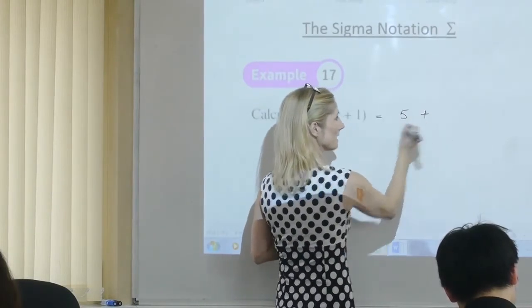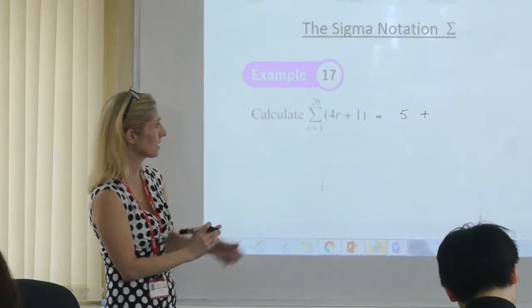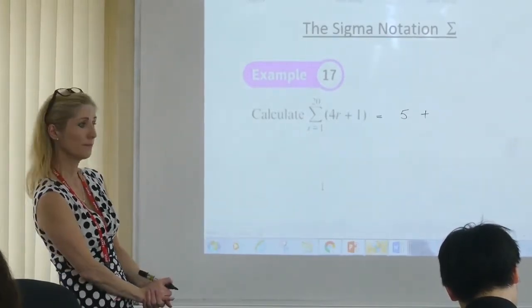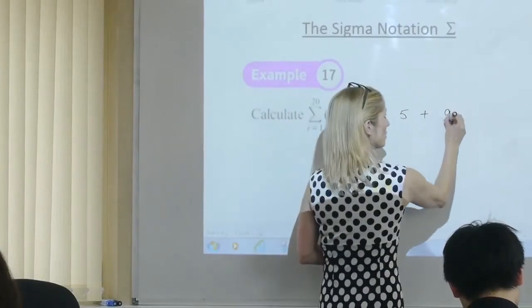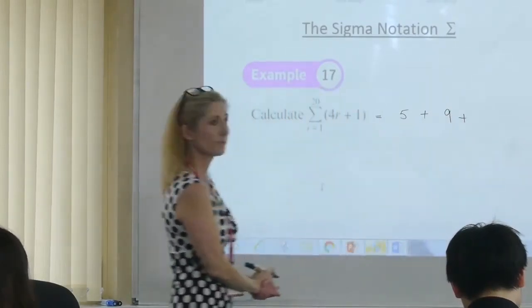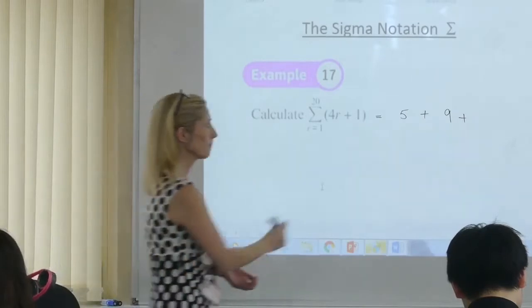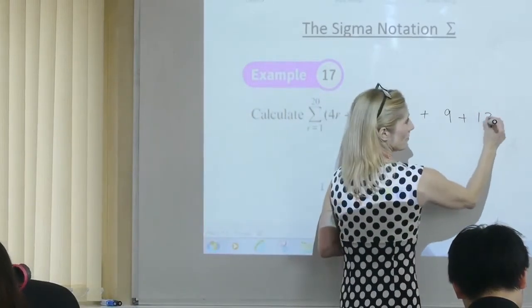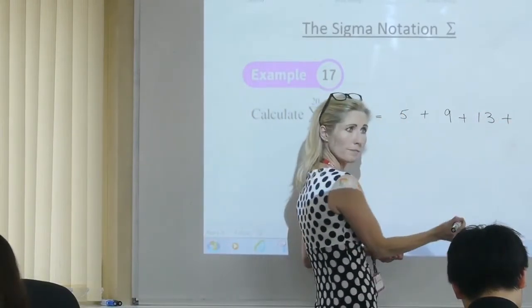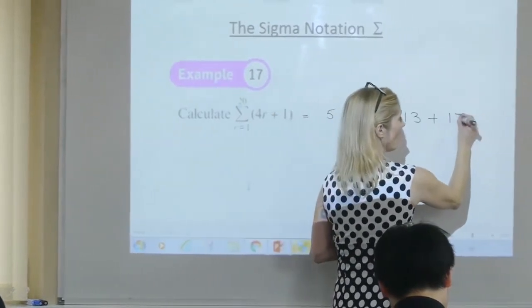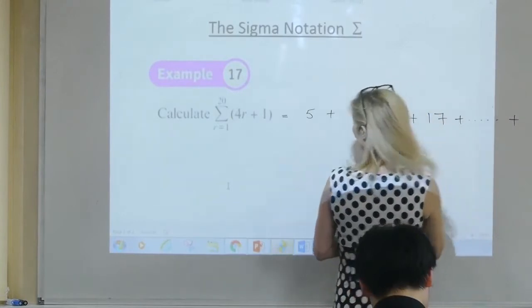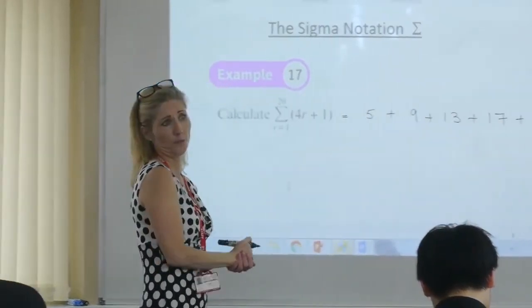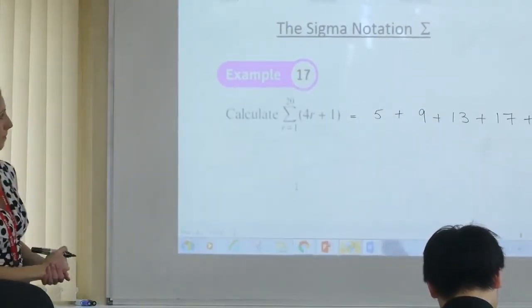Plus, because this is a summation sign, the second term, 9. The third term, 13. The fourth term, 17. Now I'm not going to go any further, but I am going to look at the last term. What would the last term be? 81.